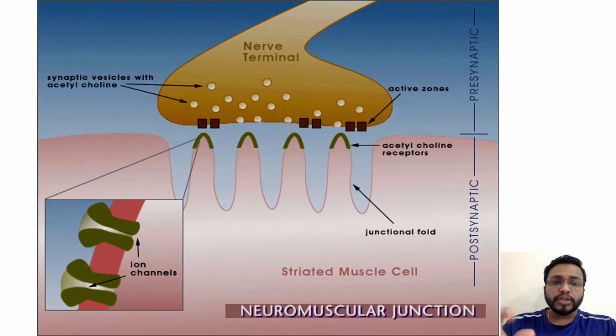Let's come into the normal mechanism of action at a neuromuscular junction. You all are aware of the neuromuscular junction, where a peripheral nerve comes to act at the striated muscle, and there is a junction between them. What happens at this junction is that the neurotransmitters pass into the junction, and then they act on the neuromuscular receptors.